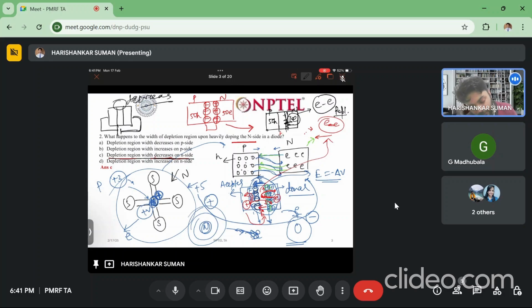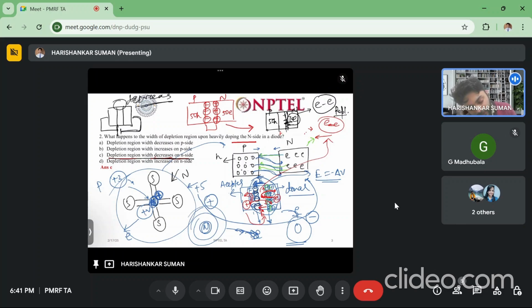So in forward bias, the depletion width decreases, but in reverse bias, the depletion width increases. Here the negative is connected to the N side and the positive to the P side for forward biasing.